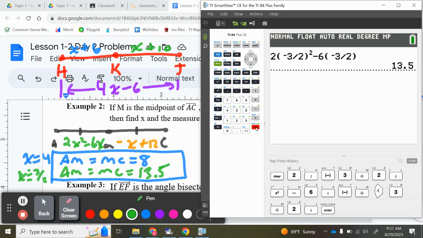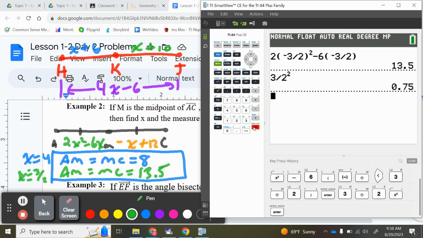If it's outside, it'll only focus on this, or if you typed it in as something like 3/2 and then squared it, it's only going to square the bottom. So you have to be very careful with how you put it in your calculator.